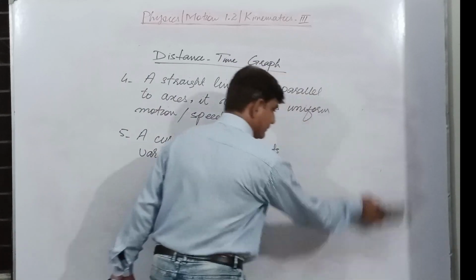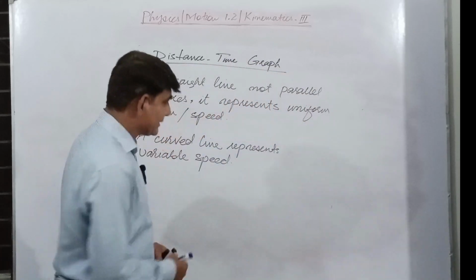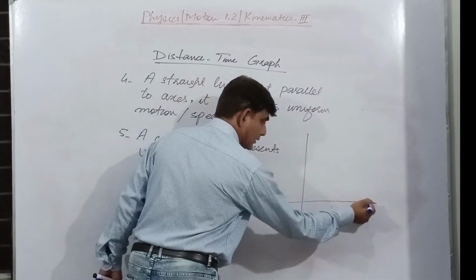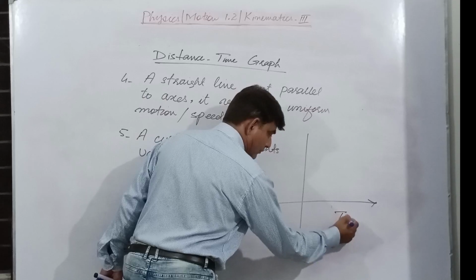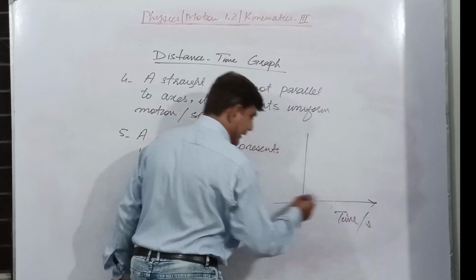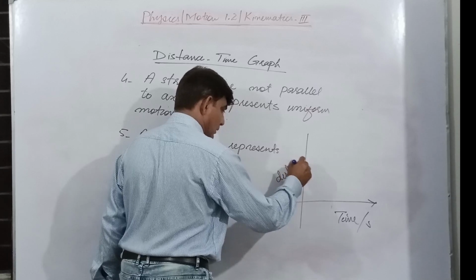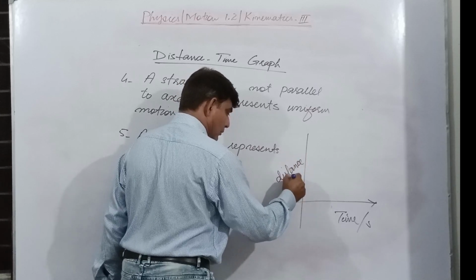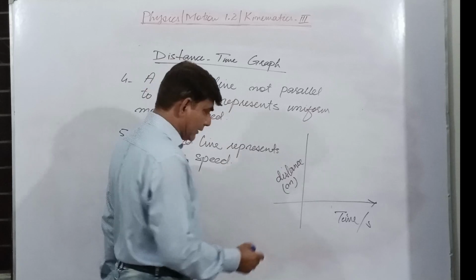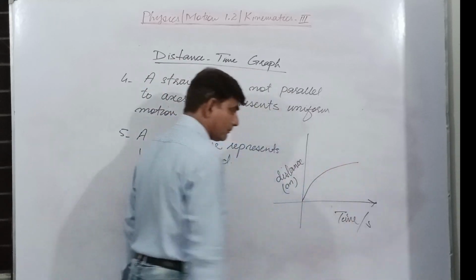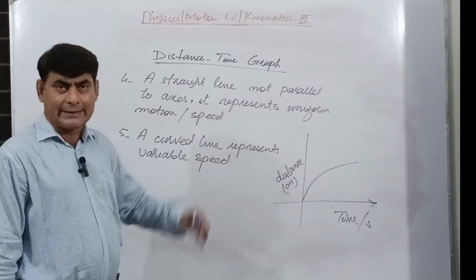Like this. Listen, time axis in seconds, distance in meters. Okay, now listen, if we are talking about this one, this is the curved line.